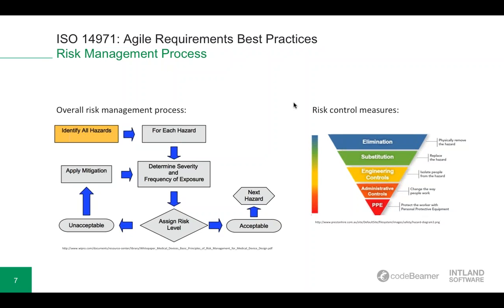You can see that ranging from top to bottom, from most effective, which actually results in a safe place, to least effective, which results in a safe person. Elimination is actually the process of physically removing the hazard, and that's the most effective, but of course it's not always possible.